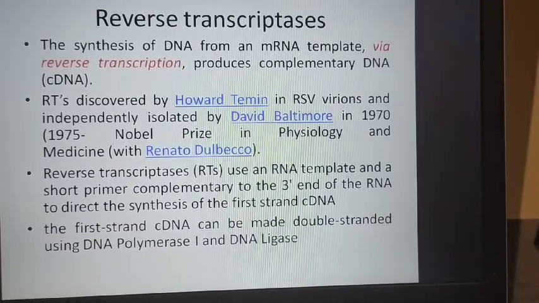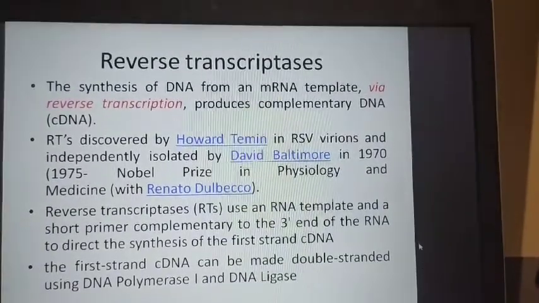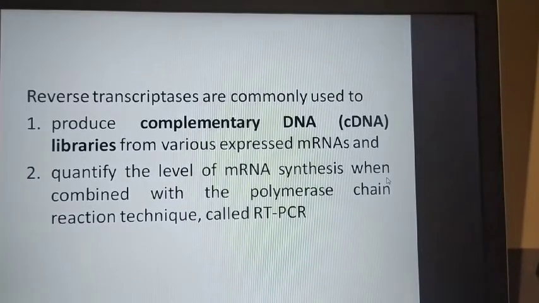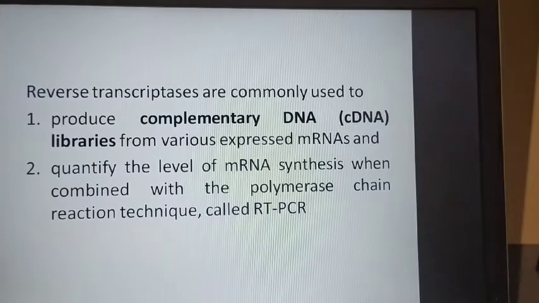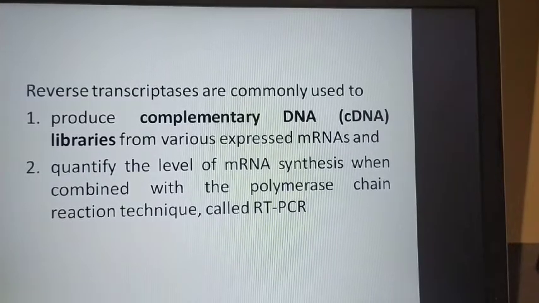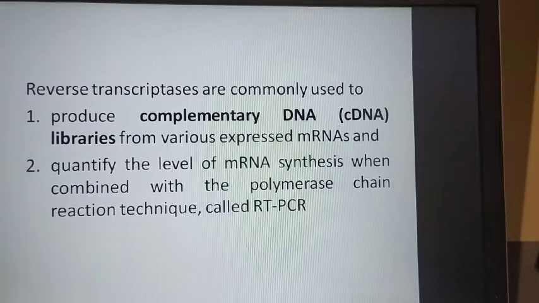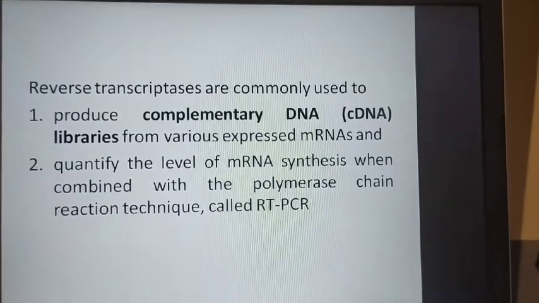So that is how you use reverse transcriptase. They are used for synthesizing complementary DNA from mRNAs, and they are also used for quantifying the level of mRNA in a technique called RT-PCR, where we make use of reverse transcriptase. So these are the different types of DNA polymerases.